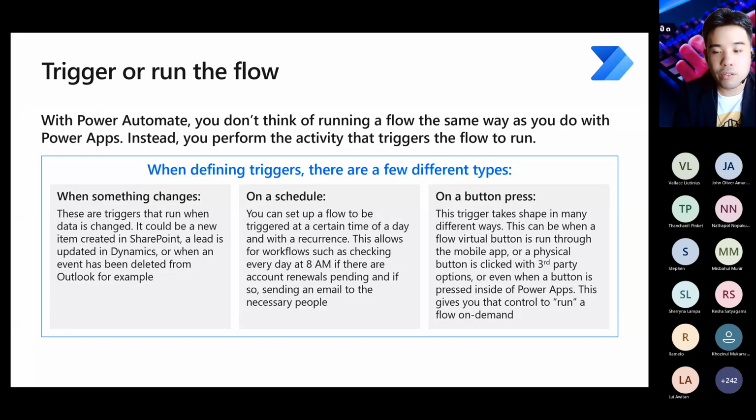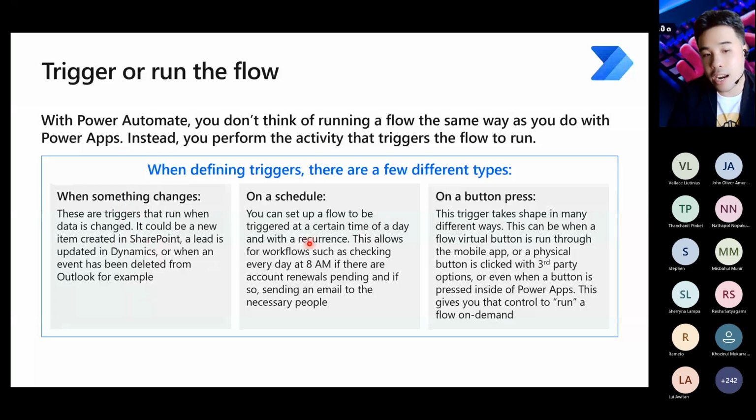In the case of the previous flow, instead of periodically running the flow manually, it would run automatically every time a new email is received with an attachment. This is because the flow has a trigger that determines when it should run. The examples I just gave are when something changes, when you get a new email, or when an item is created in SharePoint, something like that.